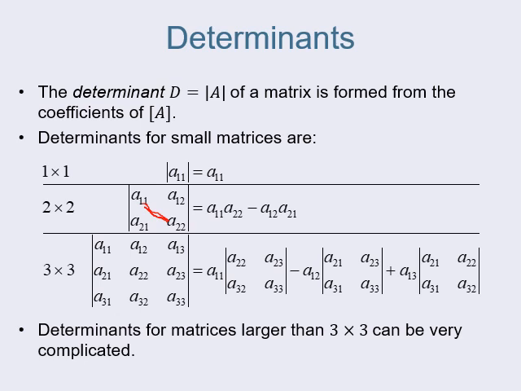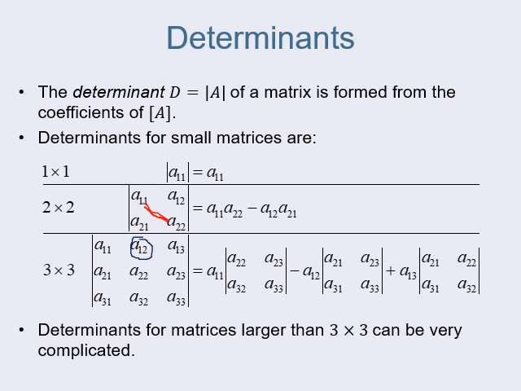If you have a 3 by 3 system, then you take A11, then you cross out elements in that row and column. Whatever is remaining, you take the determinant of that. So A11 multiplied by the determinant of A22, A23, A32, A33, minus, then you select the second element, A12.